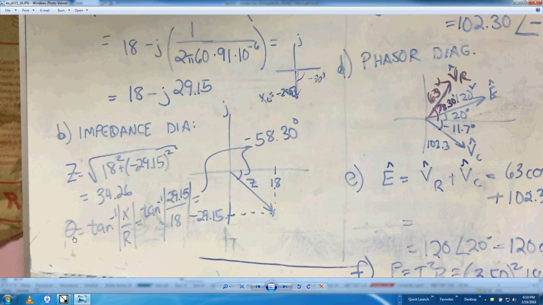I calculate the angle by theta equals inverse tangent of the absolute value of X over R equals the inverse tangent of 29.15 divided by 18. It doesn't matter if you put a negative in here or not because it's absolute value. When you do that math, it ends up being 58.30. This is going to yield a positive result, but we know it's negative because of how we drew it from this rectangular form.